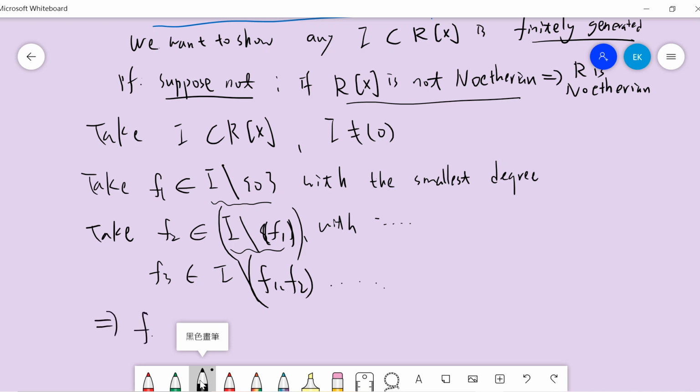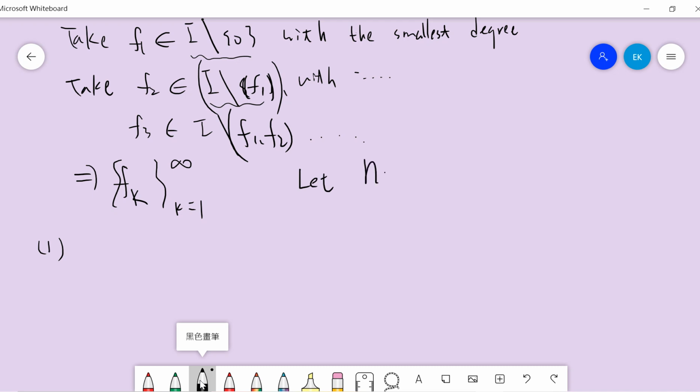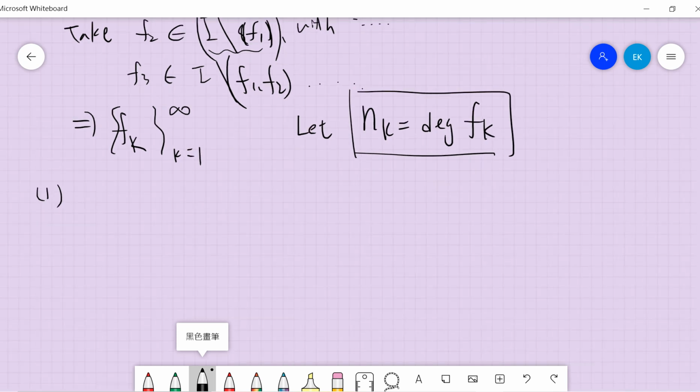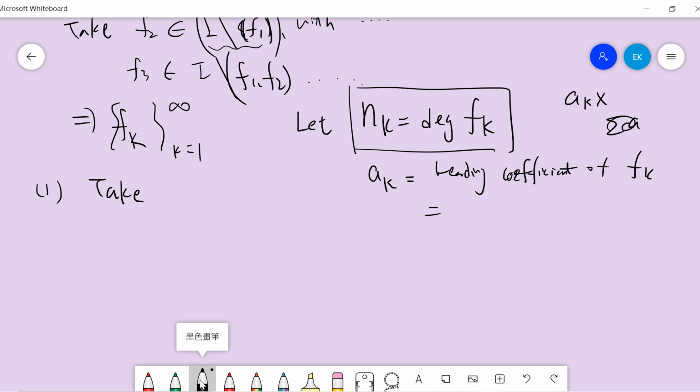So we will have infinitely many f_k, k from 1 to infinity. Let n_k be the degree of f_k, just for convenience, and let a_k be the leading coefficient of f_k. So f_k looks like a_k x^{n_k} plus lower terms. This is the definition.